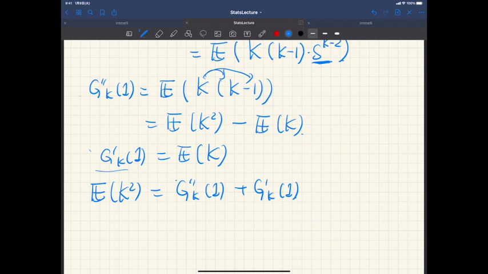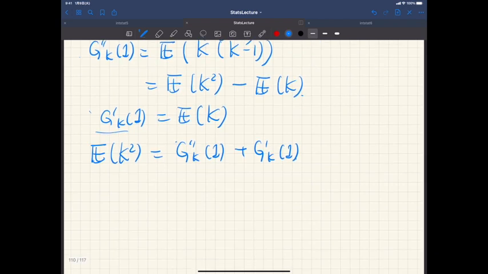Okay. And again, combining this and this, you can have an expression for the variance of k. So that is the use of the probability generating function, just like the moment generating function.